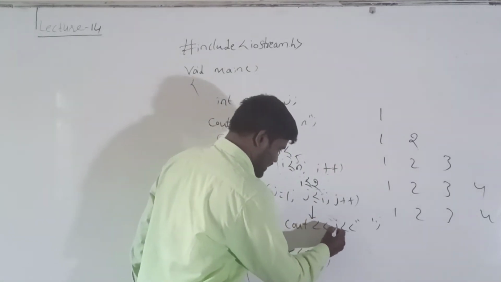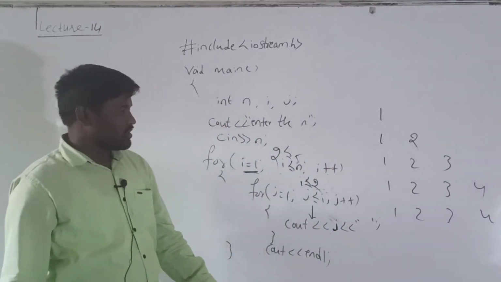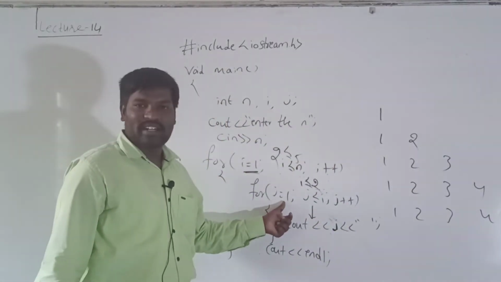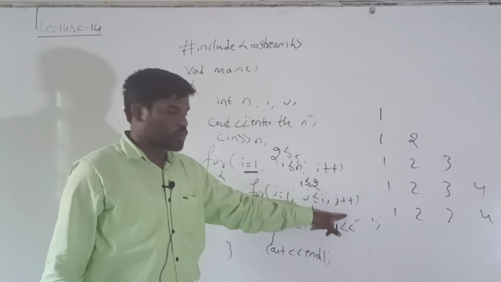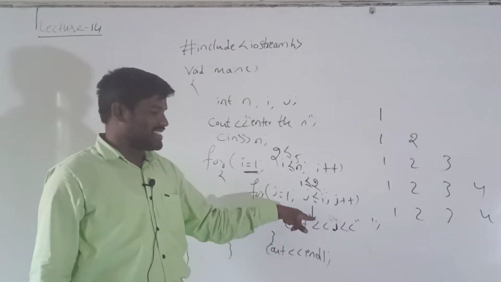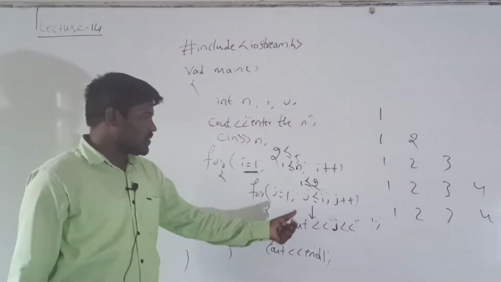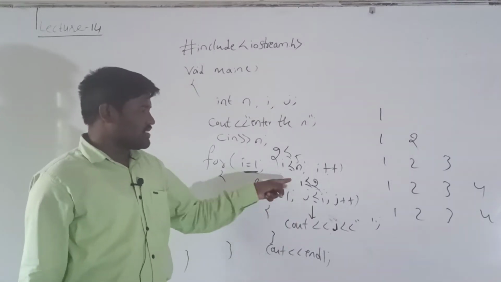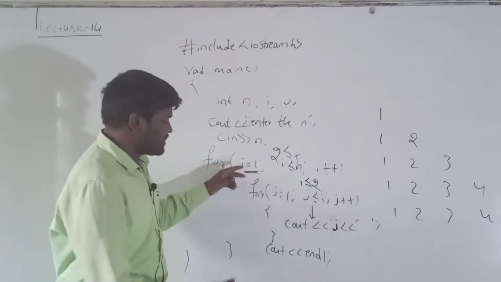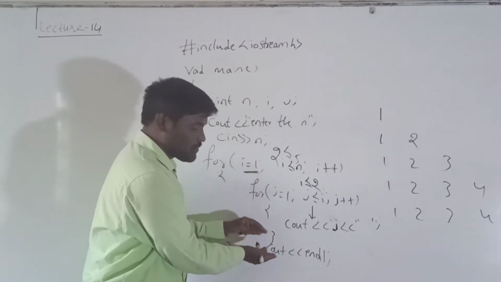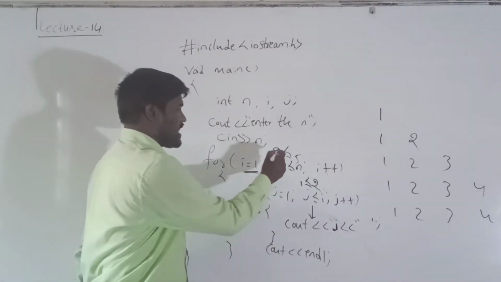Then cout of j, the value of j is 1. Next j becomes 2. 2 <= 2, again the condition is true. The present value of j is 2. Next, when j becomes 3, this for loop becomes false and it will come to the next line. Next i becomes 3.